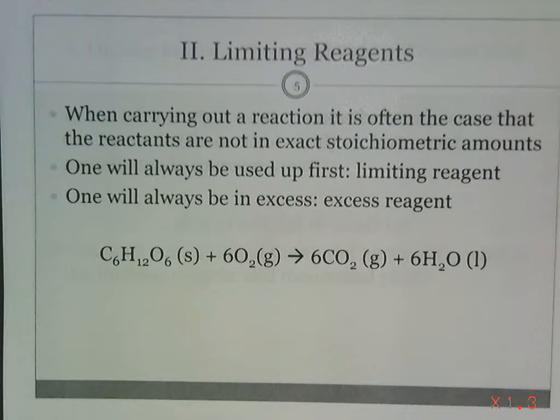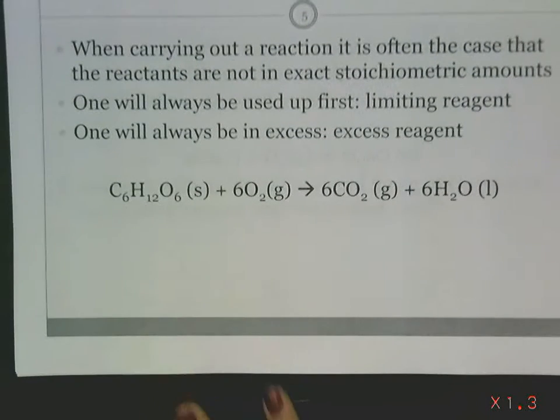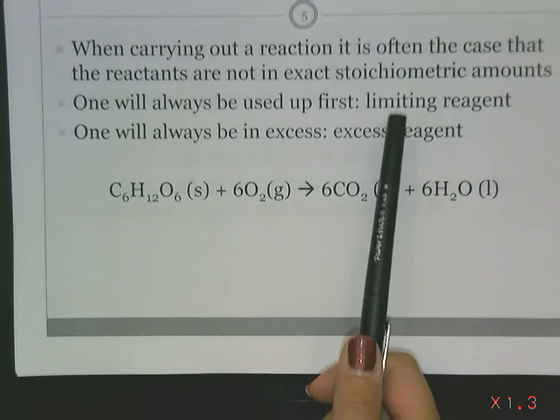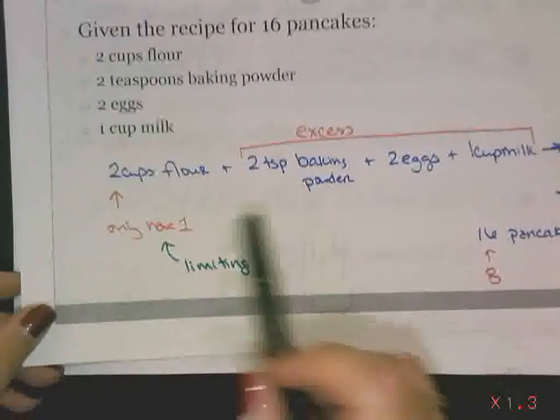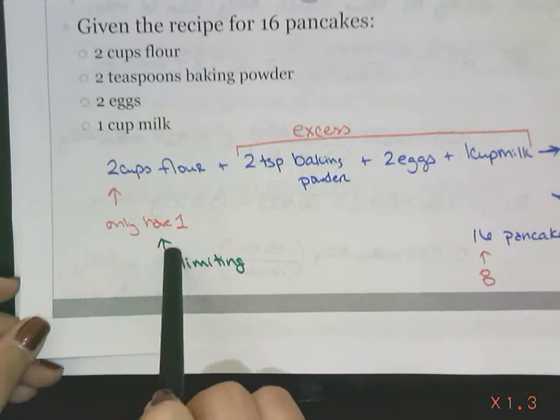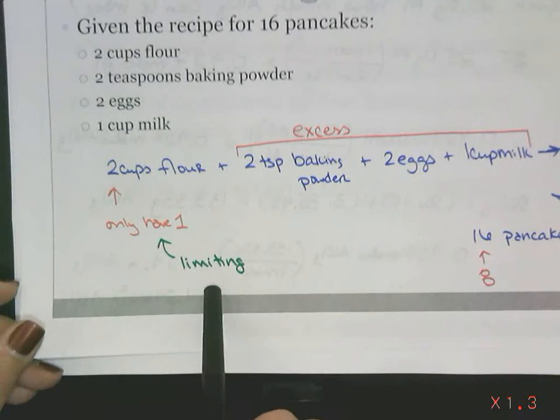All right, when carrying out a reaction, it is often the case that the reactants are not in the exact mole ratio that you need. One will be used up first. Right, so in my pancake example, the limiting reagent. If I only have 1 cup of flour, that's the thing that limits how much I can make.